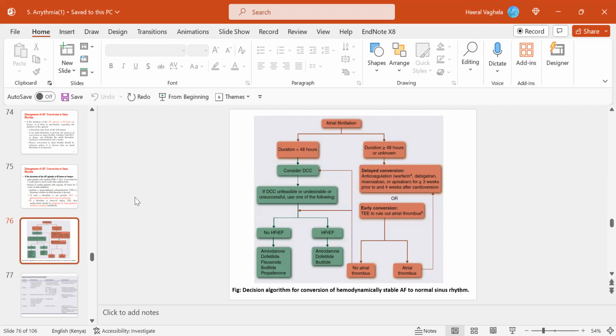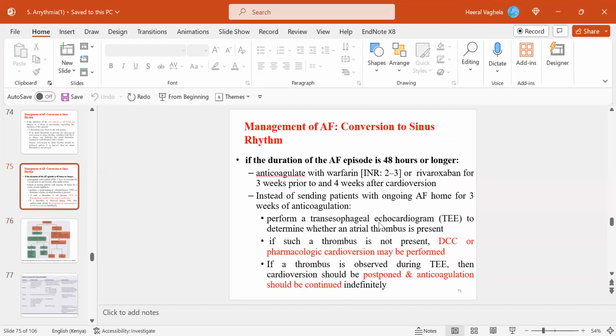However, if it's more than 48 hours, then you don't do the conversion. You go straight to giving anticoagulants like warfarin or rivaroxaban, or you can do a transesophageal echocardiogram to see whether there's any thrombus that was formed.